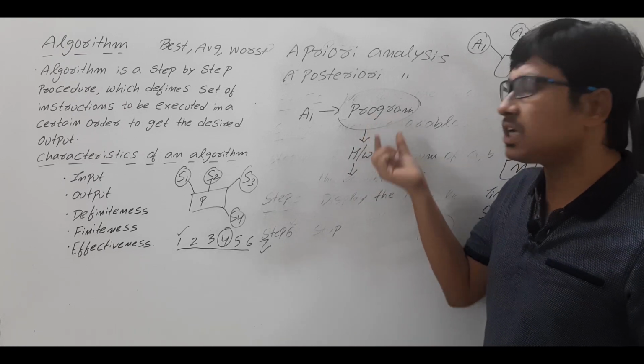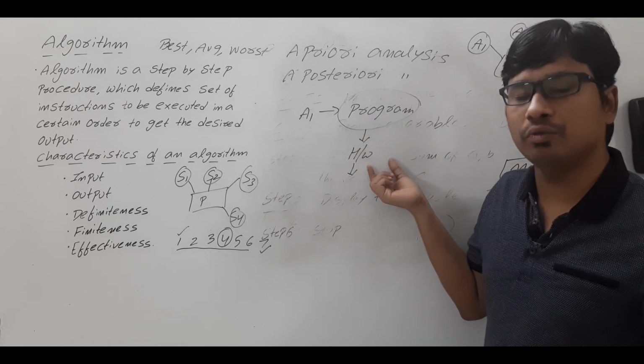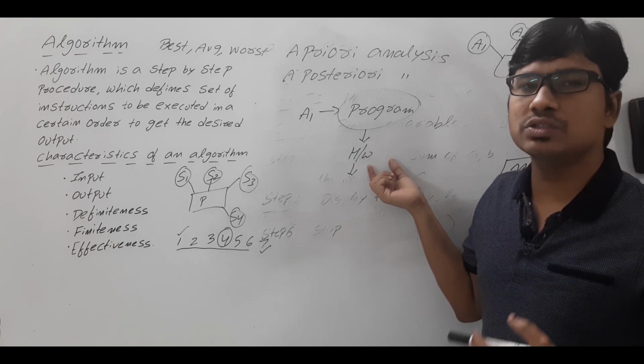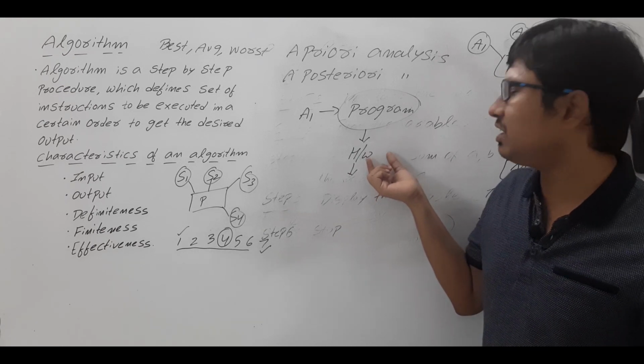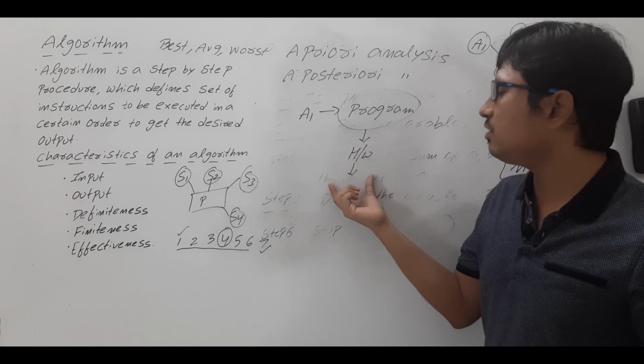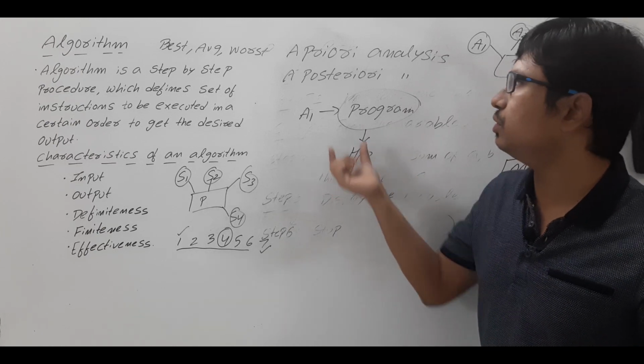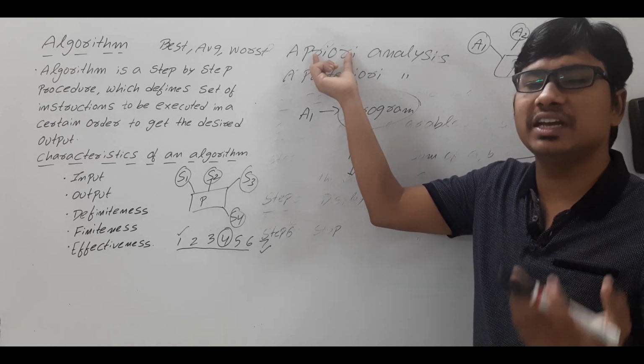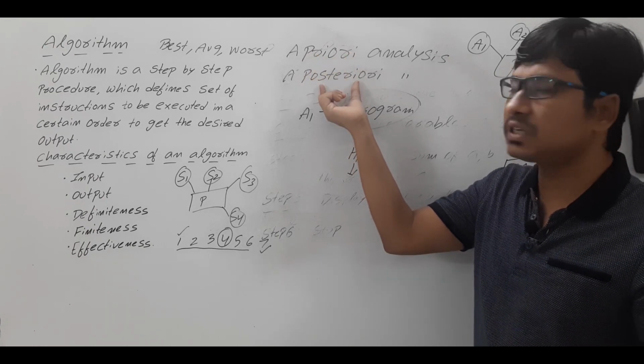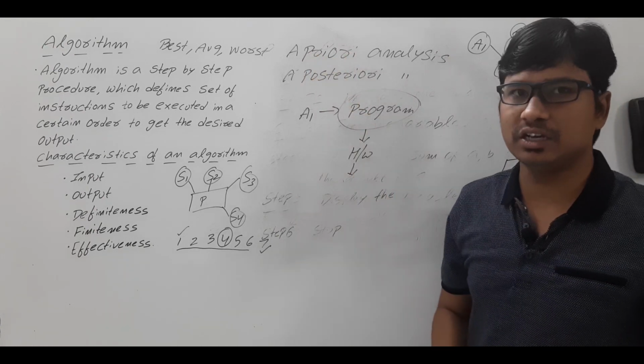How much time it takes depends on the hardware, the processor and RAM you are using, but it will give you the exact value. So a priori analysis is the theoretical analysis and a posteriori analysis will give the exact values.